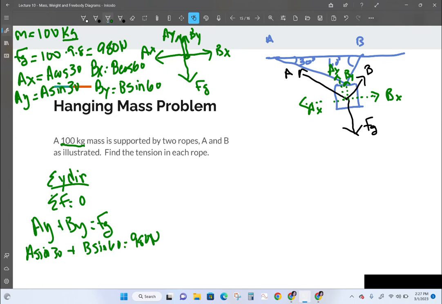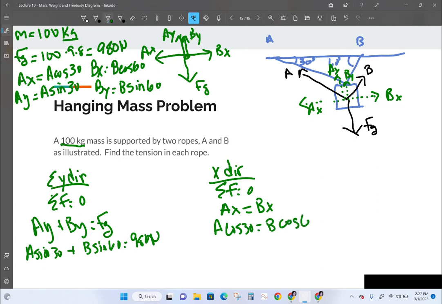What about in the X direction? Well, all of those add up to 0. And the only 2 forces in the X direction are AX and BX, and they have to be balancing each other out. So A cosine of 30 equals B cosine of 60.